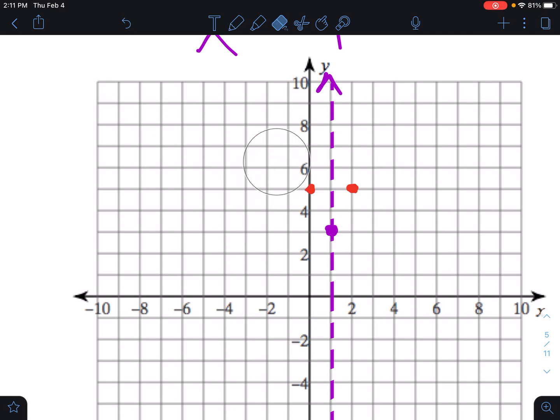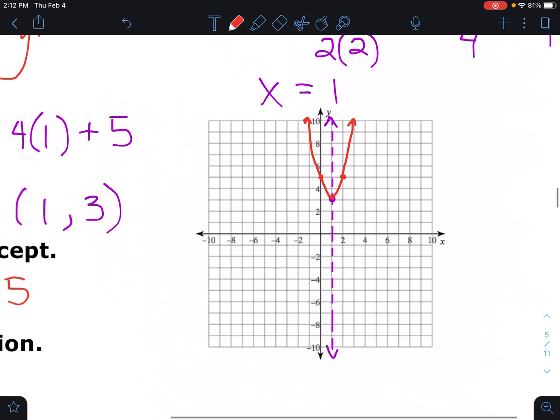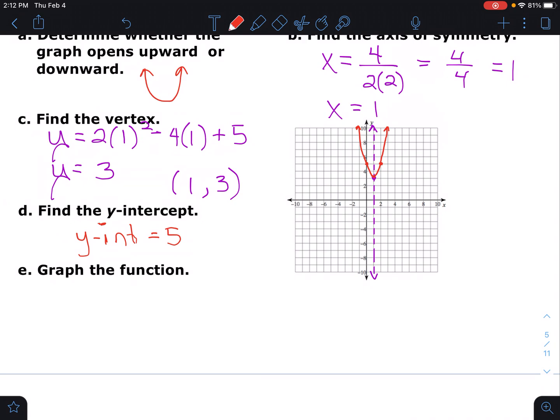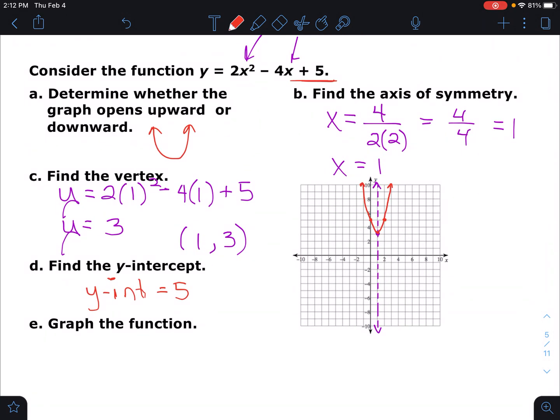Now I'm just going to connect these with a smooth curve, and I've got my quadratic function. I've just graphed it. I hope that makes some sense.